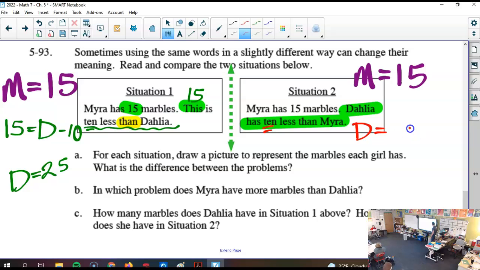Dahlia has 10 less than what? Myra. And we know what Myra has: 15. Now this equals 5. So these are very different situations: one where Dahlia ends up with 25, the other where Dahlia ends up with 5.